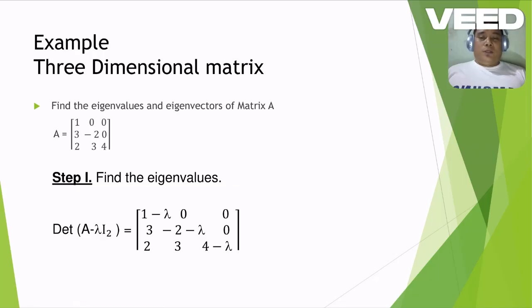So this is 1 minus lambda times negative 2 minus lambda times 4 minus lambda, minus 3 times 0. Then minus the next is 0. A number multiplied by 0 is equal to 0, and then plus 0.